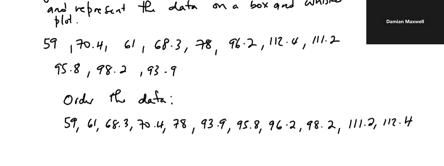Sometimes it's the same as this manual method, especially when you have an odd number of data values. But when you have an even number of data values, sometimes the manual method and the actual formula method will give slightly different results, but it's okay.